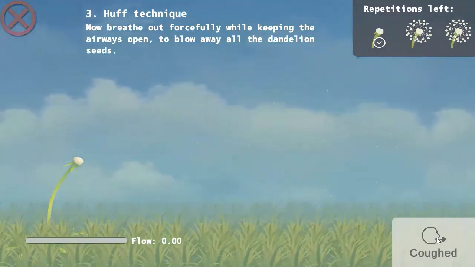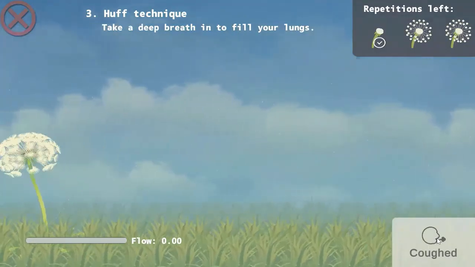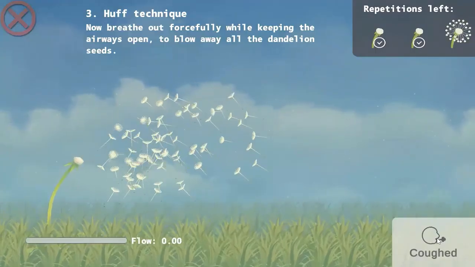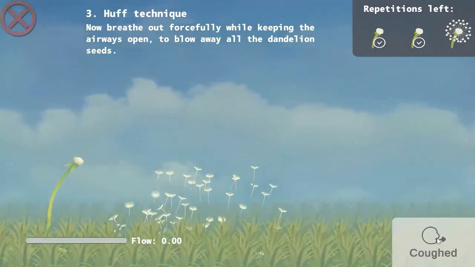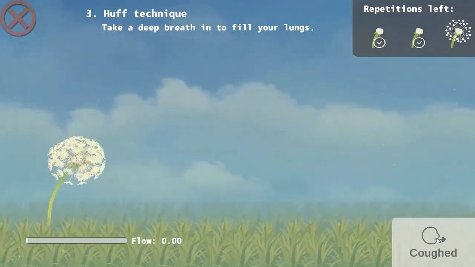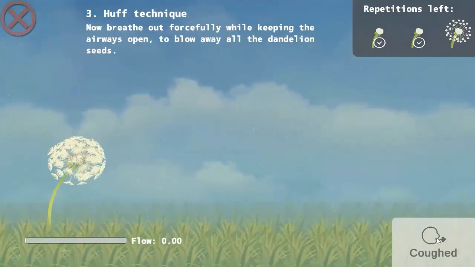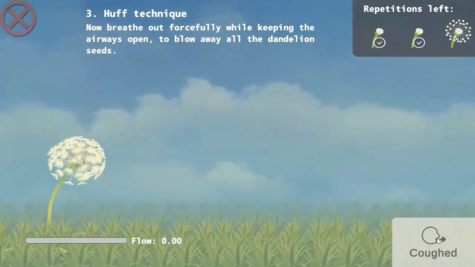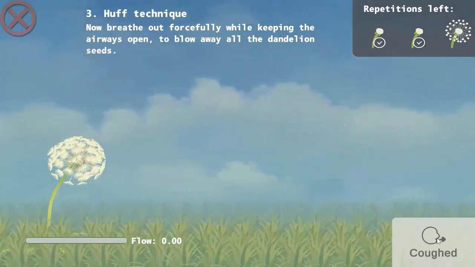Okay, we got that one. Okay, an example of where we did not do a proper huff technique, it did not release.